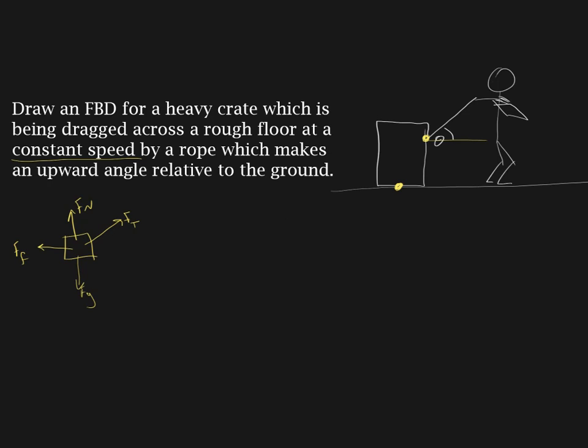Now, in green here, I'm going to draw another FBD that I'm going to call a working FBD. And the working FBD is one in which I draw components instead of forces which are at an angle.